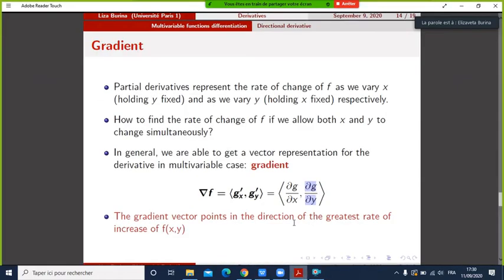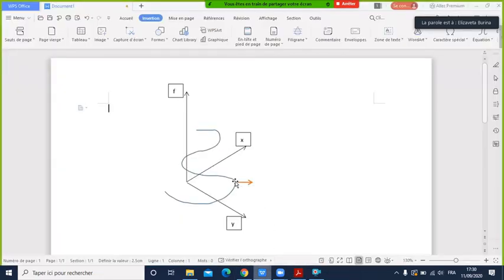And what is really great about this gradient vector is that it points in the direction of the greatest rate of increase of the function. So it was not random that I put it here like that, because the function's greatest direction of increase is there.